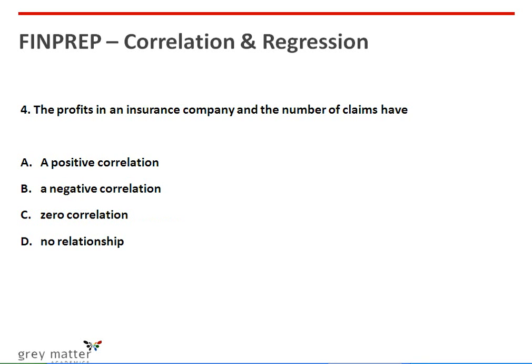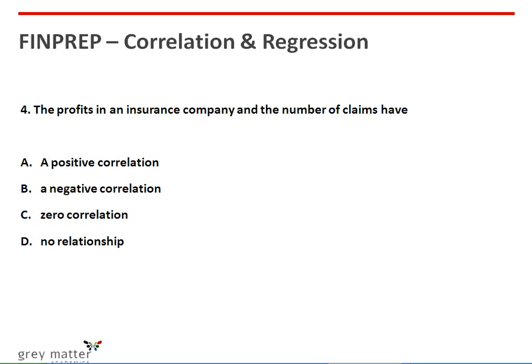Fourth question, the profits in an insurance company and the number of claims have. We need to find what type of relationship the parameter profit and the number of claims have. Profits of the insurance company to the number of claims. The answer is a negative correlation.